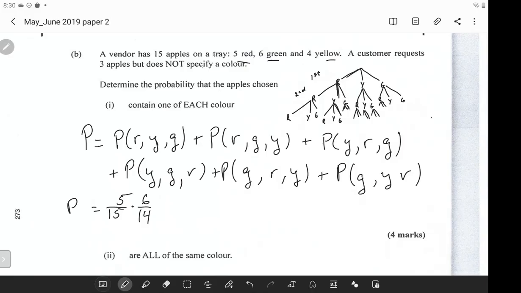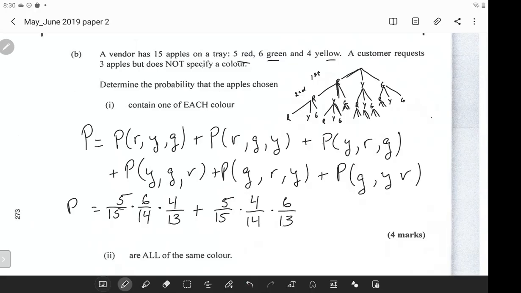Finally, the probability of choosing a yellow is 4 over 13. Plus the second one: the probability that we choose a red is 5 over 15, times 4 over 14, times 6 over 13.